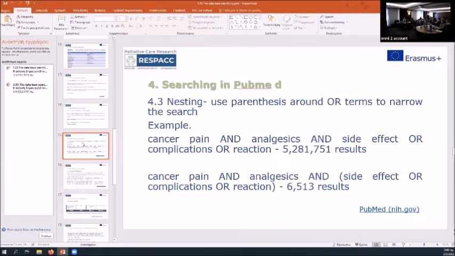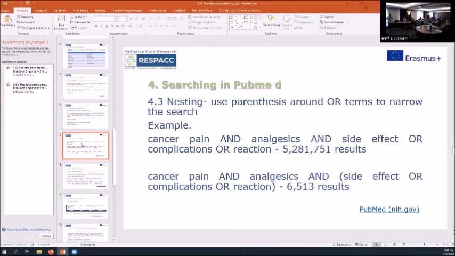So nesting is actually grouping, and you group, for example, when you want one for one. So you have the MeSH cancer pain, but you don't have a MeSH, for example, for side effects, complication, secondary reactions.